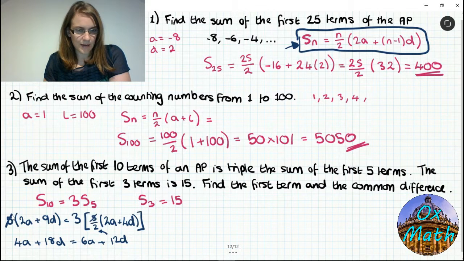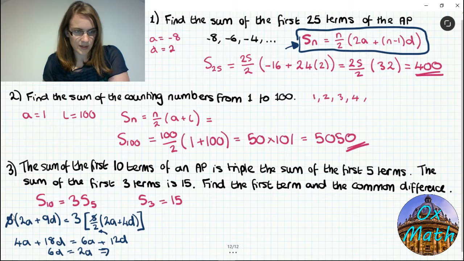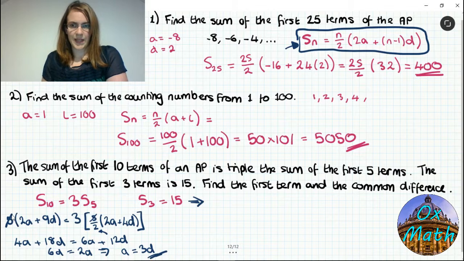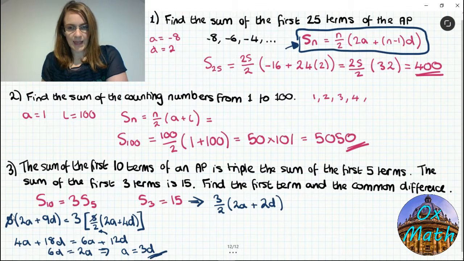And then if I move all my a's to the right hand side and all my d's to the left hand side, I get 6d equals 2a, which can simplify even further to a equals 3d. So that doesn't yet give me enough information, but I was also told that S3 equals 15. Remember, the sum of the first 3 terms is going to be 3 over 2 lots of 2a plus 2d, and that is equal to 15.